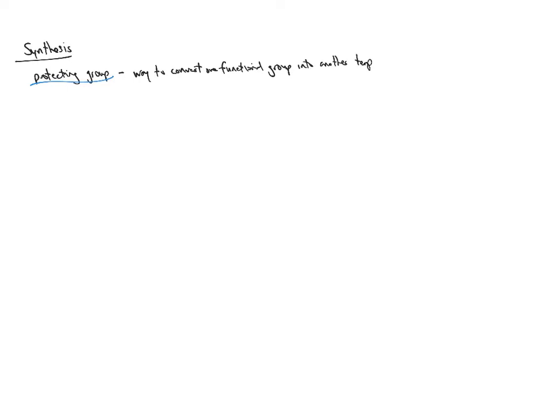and the key here is temporarily, because you want to be able to remove that protecting group at the end, right? So you convert the functional group into another temporarily, so that its inherent reactivity is removed, and other transformations can occur.